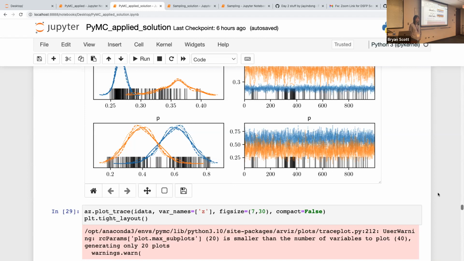Two questions. Once the divergence happens, does the chain stop, or does it restart? The divergence happens when, for example, your partial derivative with respect to theta gets to a really large number, and it just goes back to the previous step. It doesn't really stop the chain.